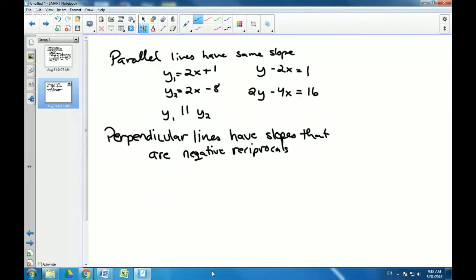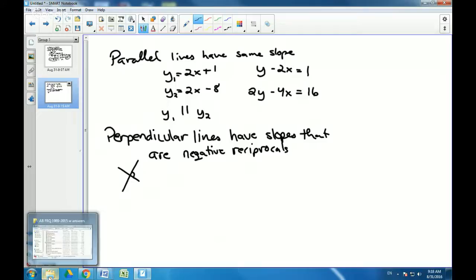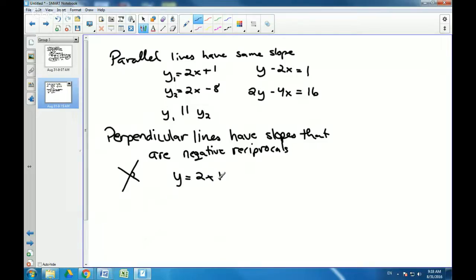What does that mean? If one... opposite's a very nebulous word in mathematics. Like this. Okay, so on a graph, they would look like this. So what if I gave you y equals 2x plus 1? It'd be negative 1 half.